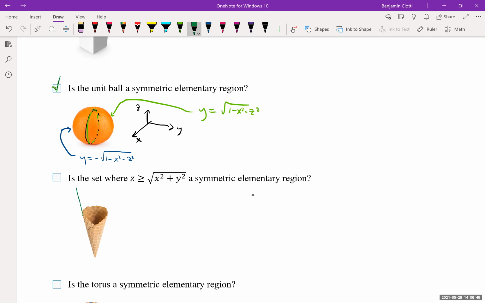Okay, so now here's what I was talking about: generalizing Gauss's theorem. Generalize it to regions if you can split them up into symmetric elementary regions. I think you could probably generalize it to regions whose boundaries or surfaces... I probably shouldn't say that.